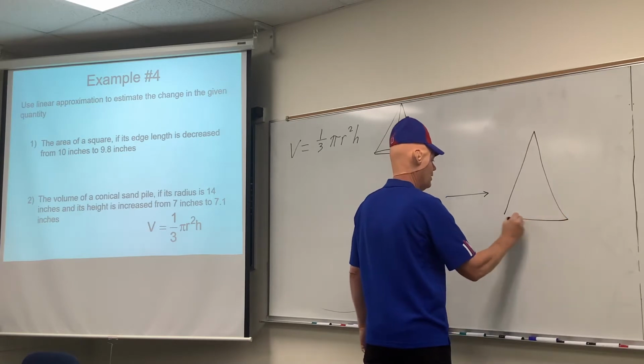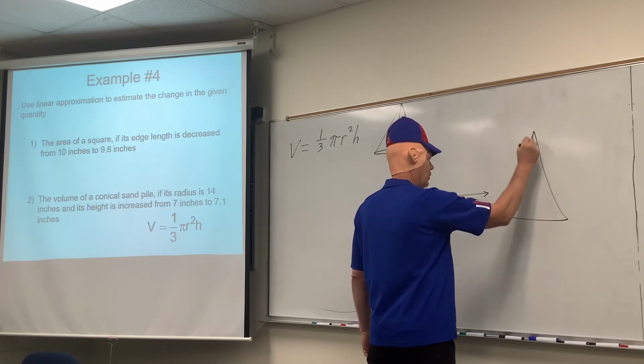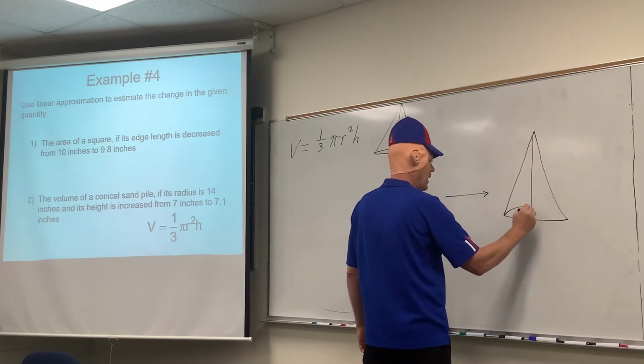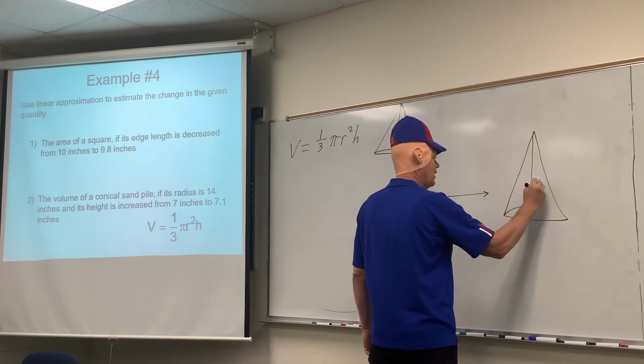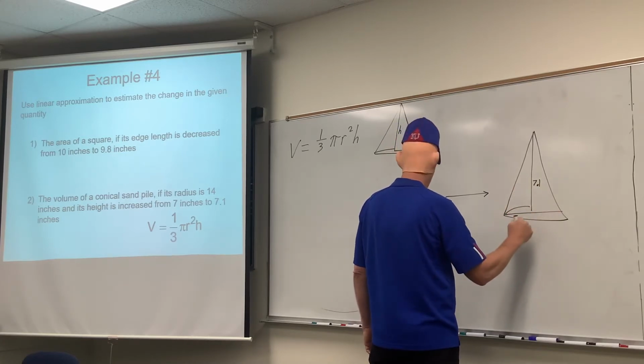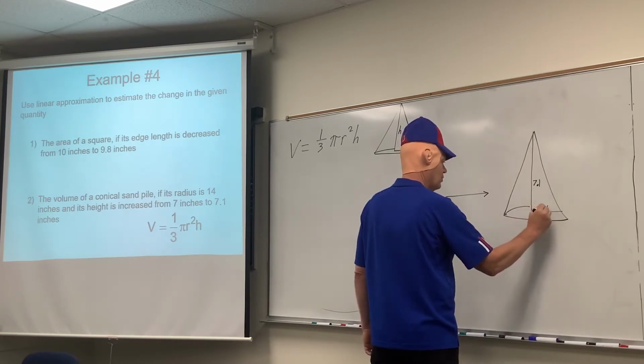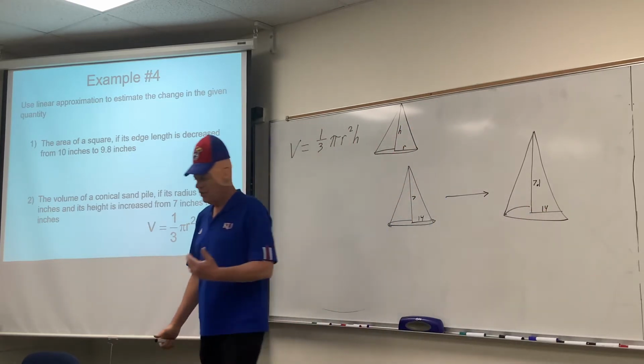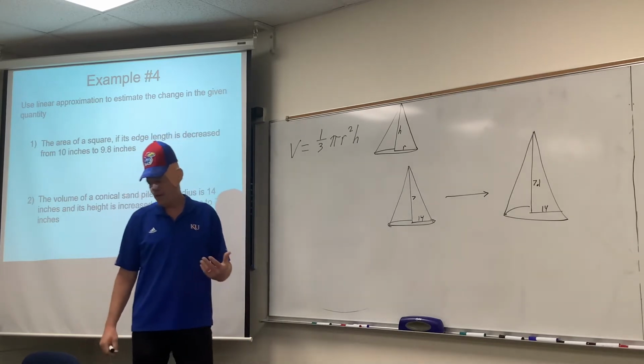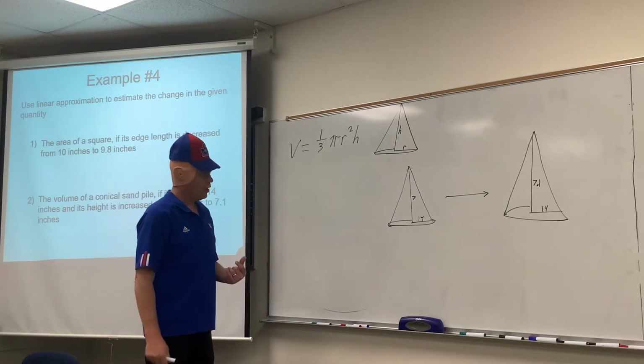So notice that the second cone is a little bit taller than the original. And it's assumed, I would guess, that the radius stayed the same from one cone to the next. And so the point is, the radius is constant. It's 14 in both cones.